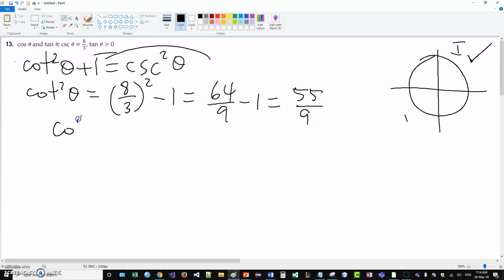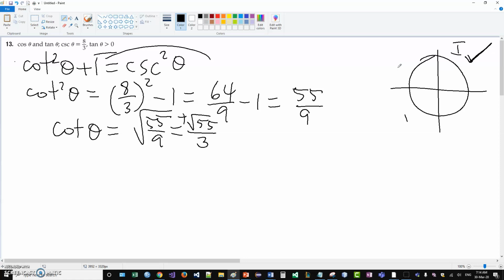Now cotangent theta equals the square root of that, square root of 55 over 3. It's either positive or negative. But because we're dealing with quadrant 1, we're only looking at the positive solution for that. So now we found cotangent.